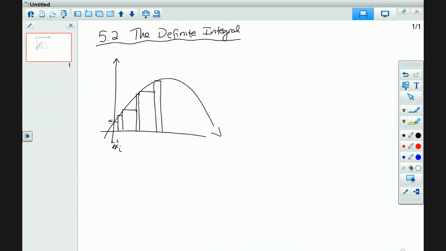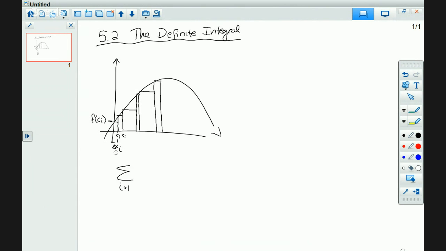And then the height of the rectangle, we're going to call these x values c sub i. So c1, c2, c3, right? So the y values are going to be f of c sub i. And now we can write a sum from i equals 1, right?